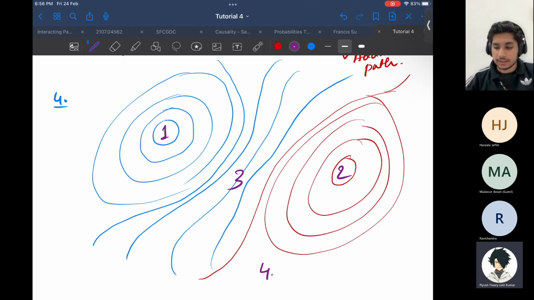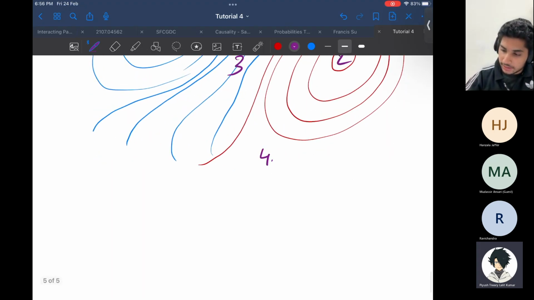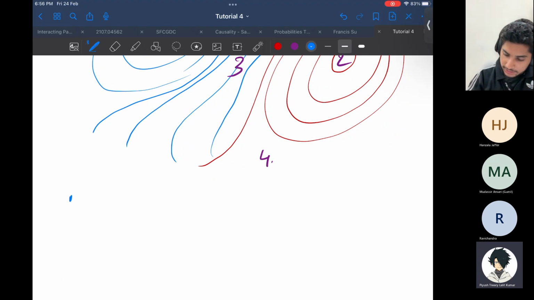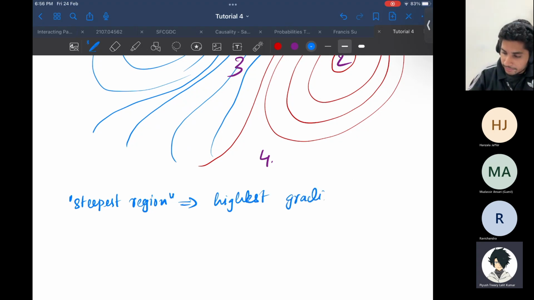What do we mean by steepest region? Whenever we hear something like steepest region, the question is trying to ask us about the highest gradients. If the gradient is high, that means it is more steep.